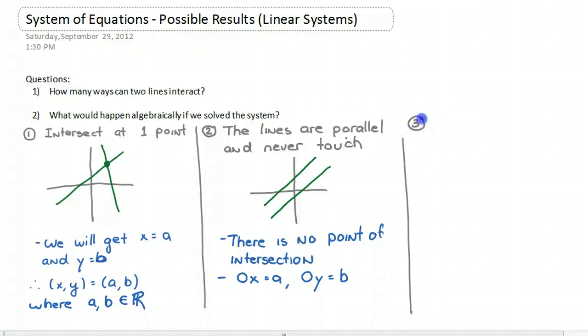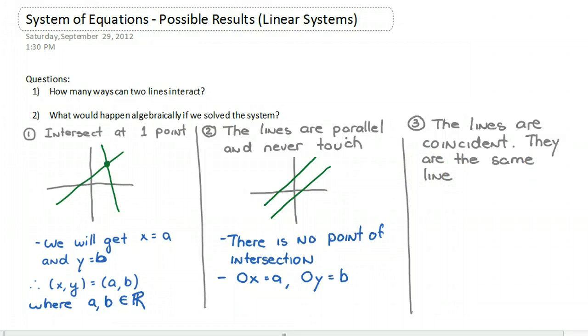The third possibility is the lines are what we call coincident. And what this means is they are the same line. So in this case, this is a little harder to draw, but we can still try.